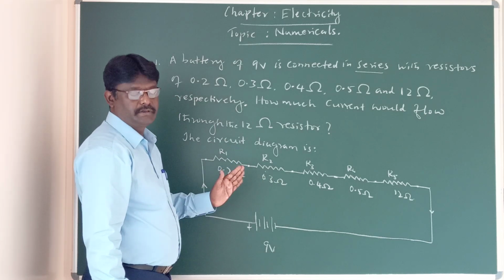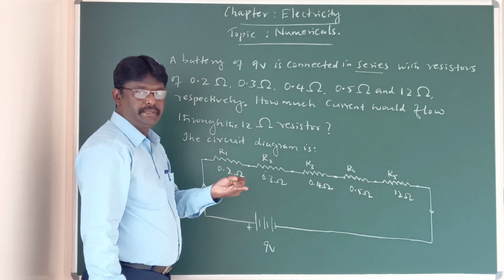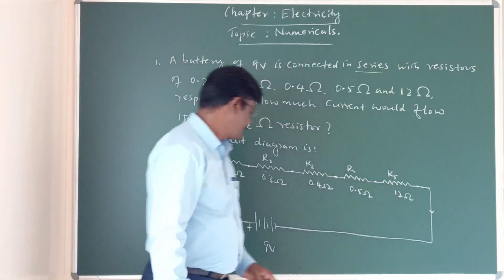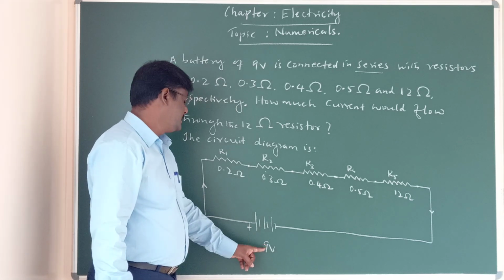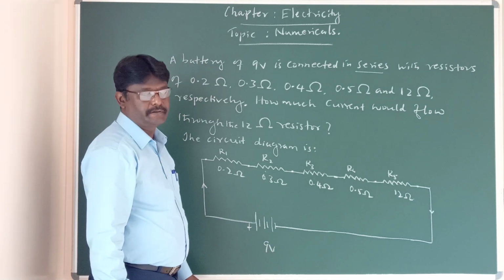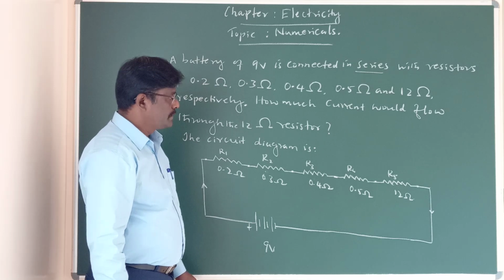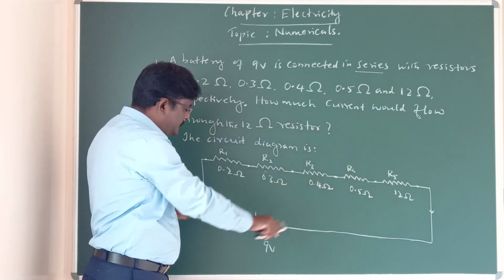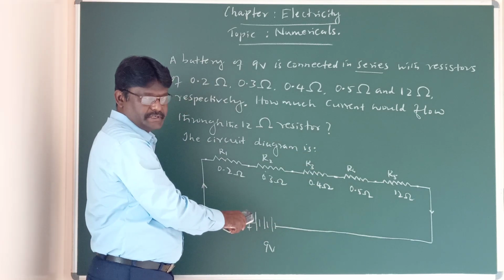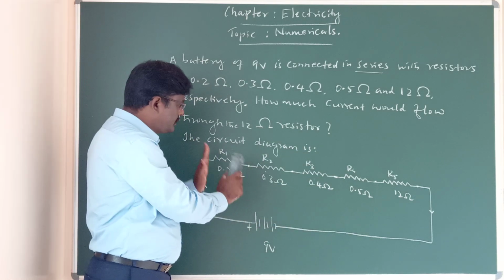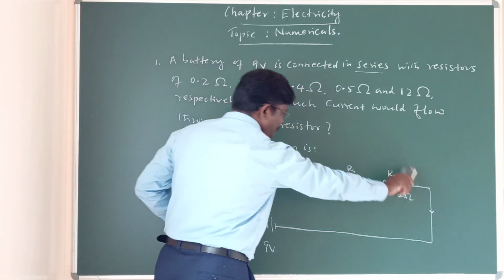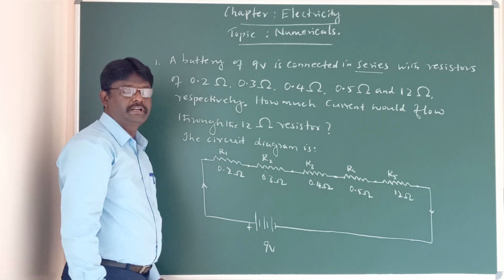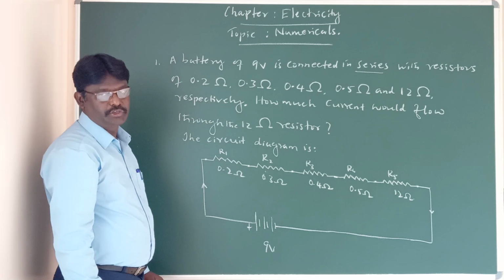So we need the factor I. Resistance R is 12, and 9V potential difference is given. Did you understand children? We need the total resistance of this circuit. So now we have to find out the total resistance of the circuit.